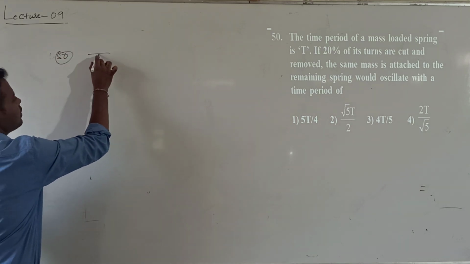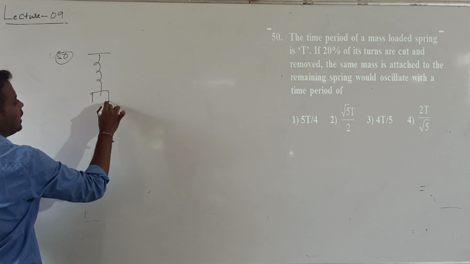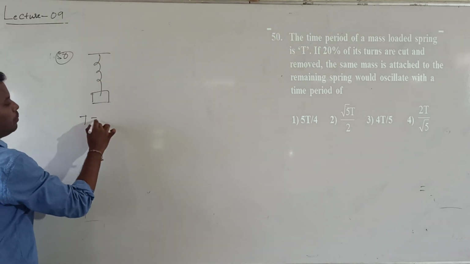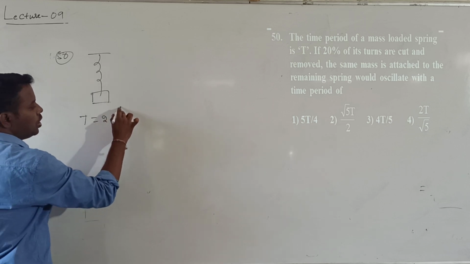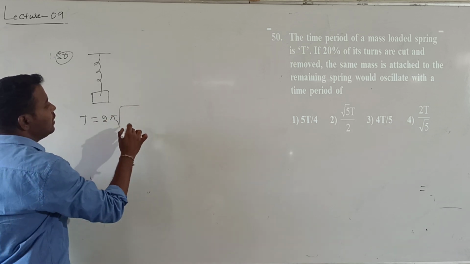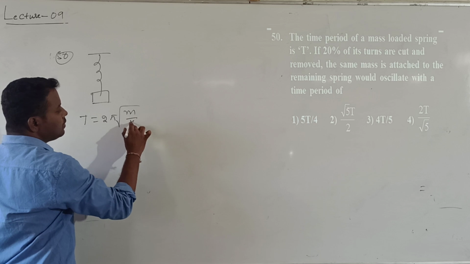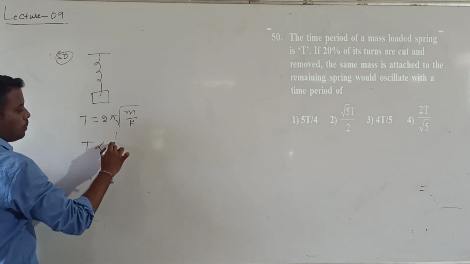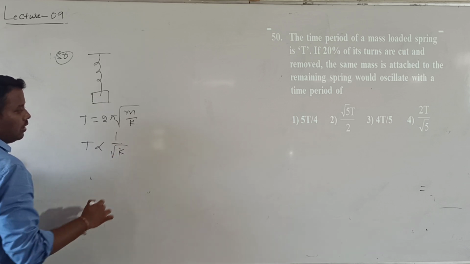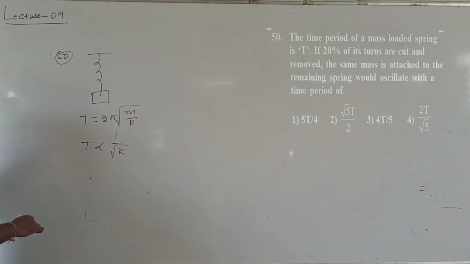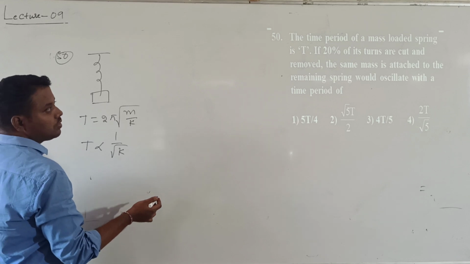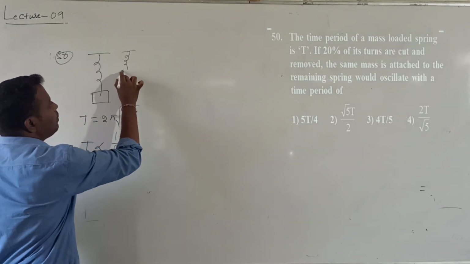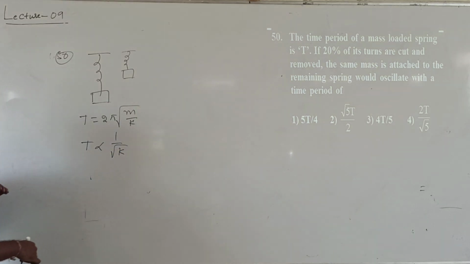Initially, one spring of spring constant K and a block is connected. The spring has some spirals. The time period is given by T equals 2 pi into root over m divided by k. So the time period is inversely proportional to root k. Correct? Now they are telling 20% of the turns are cut. Then the length will decrease.